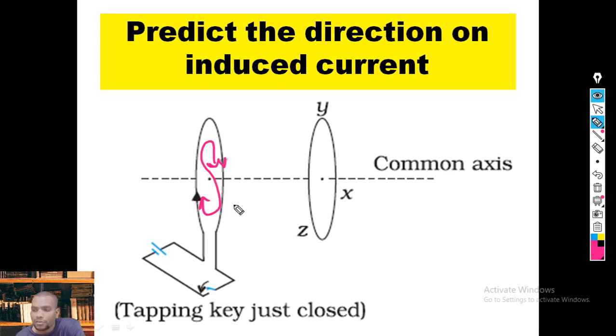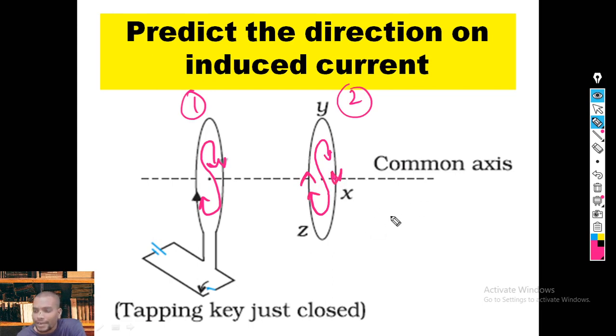Now the induced current should flow in the other loop also in the clockwise direction, because if the first loop is south pole, the second loop is also supposed to be south pole, then only they are supposed to be opposite. So to get the south pole, first I draw the south pole, then I can draw the current direction: the current should be in the clockwise direction.